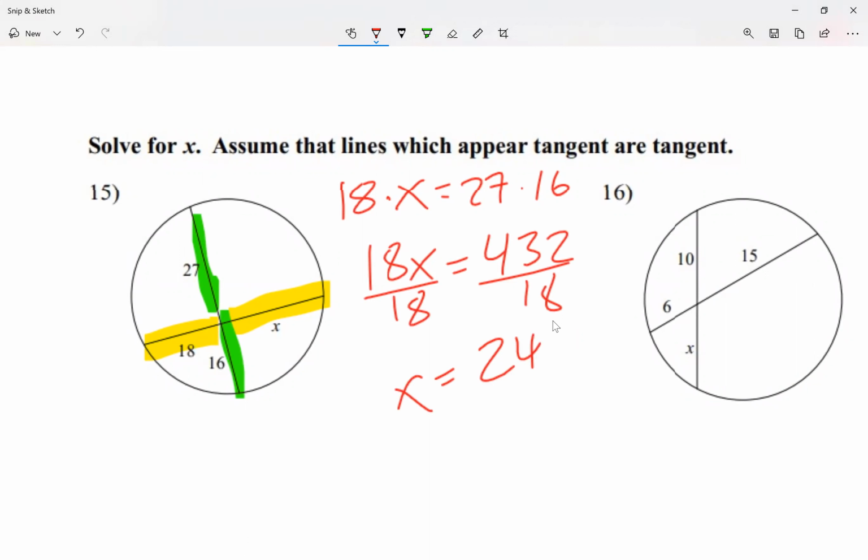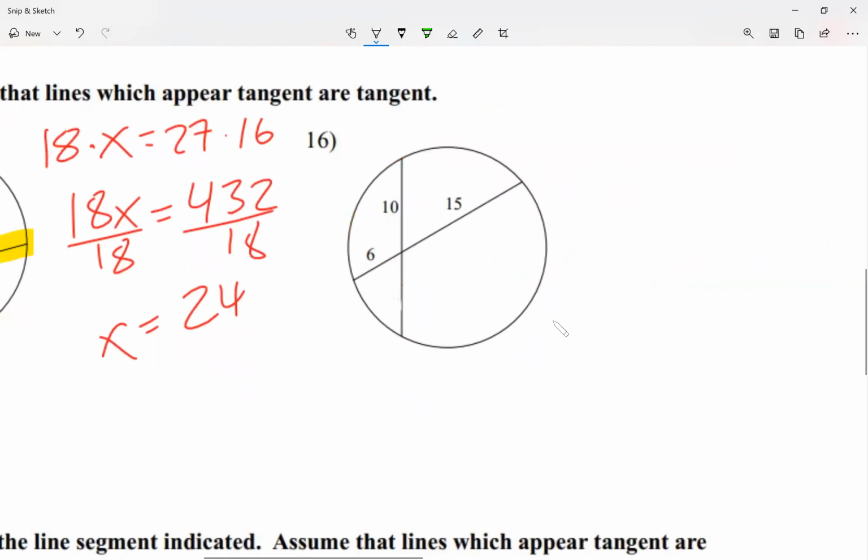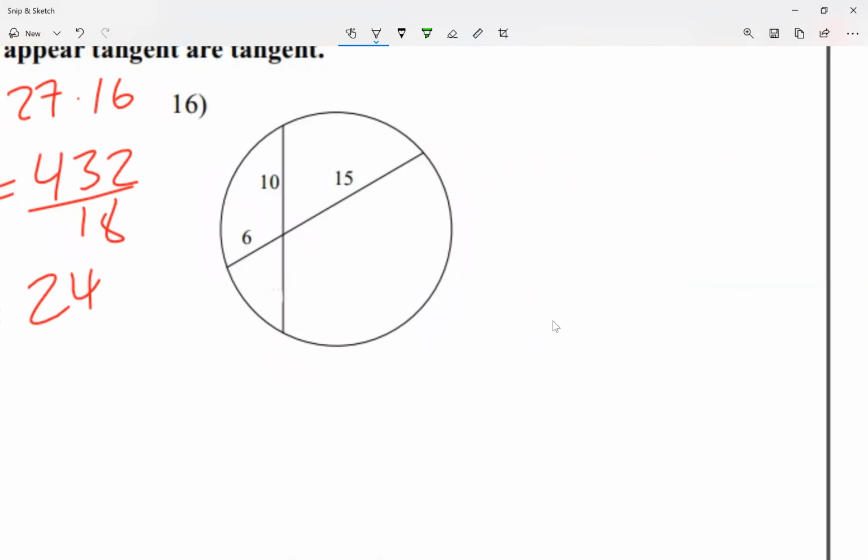Now, I said missing side, so that means that sometimes in your homework, I might not call it X. I might just leave it blank, like number 16, and then I'm going to ask, find the missing side. What I expect you guys to do is call that missing side X. And then you're going to say, all right, well, one of my chords is X times 10.